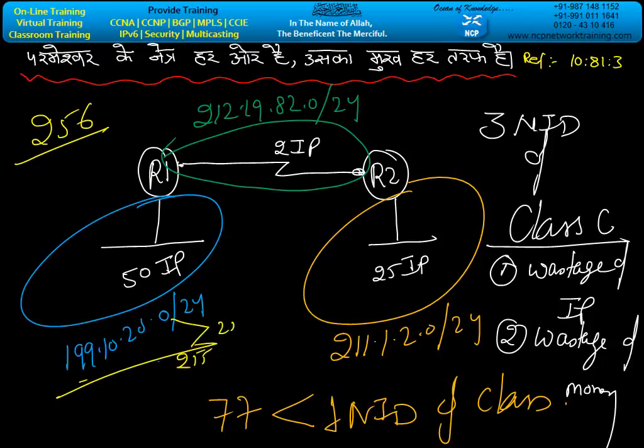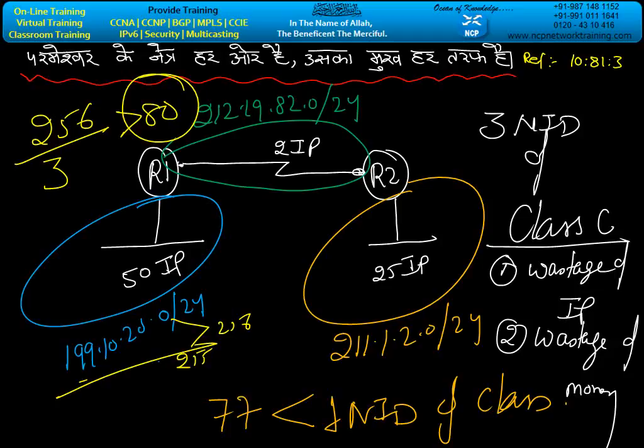If we divide this space by 3, we would get greater than 80 IP addresses in one part. And we require how much? 50. We require how much? 2. We require how much? 25.